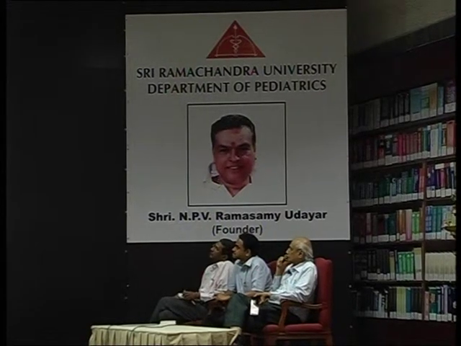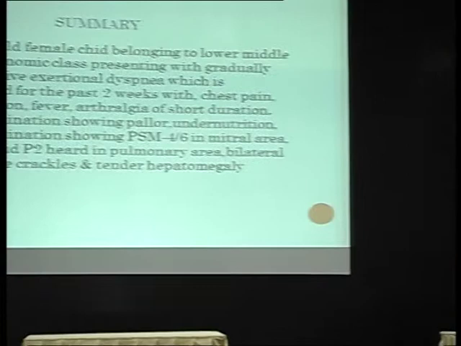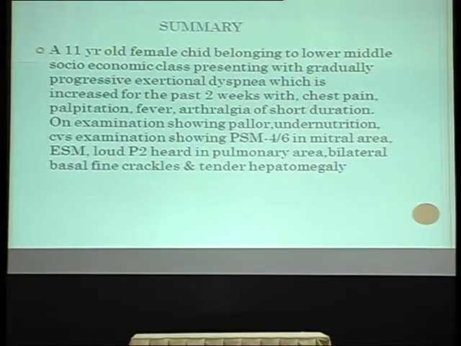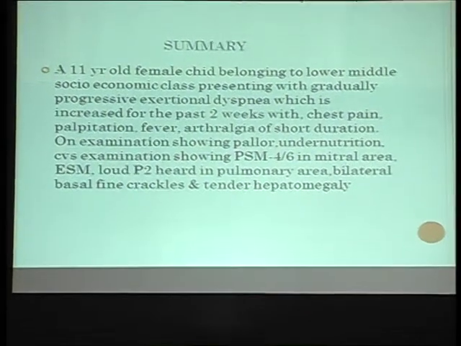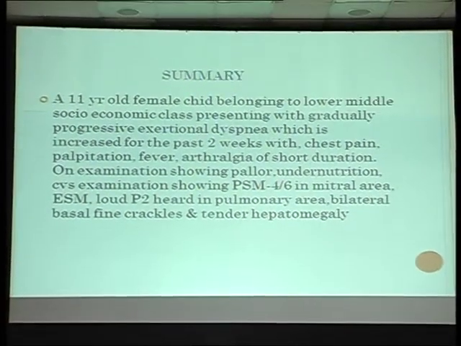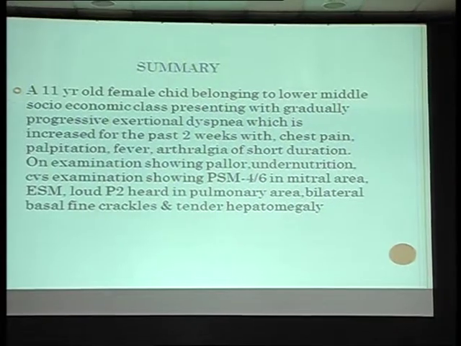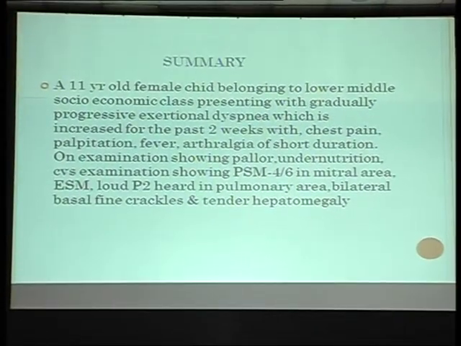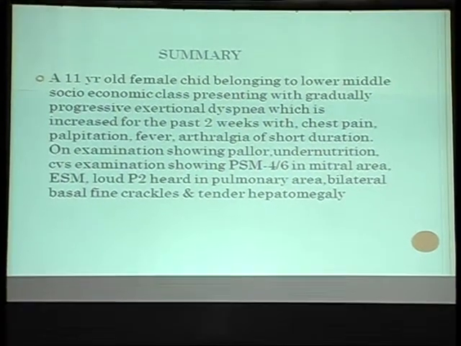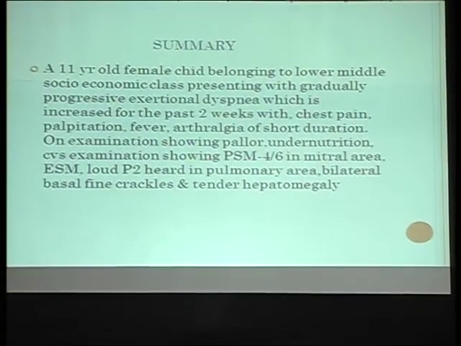To summarize the history, 11-year-old female child belonging to lower socioeconomic class, presenting with gradually progressive exertional dyspnea and chest pain, fever, arthralgia of short duration. Examination showing pallor, undernutrition, pansystolic murmur in the mitral area and an ejection systolic murmur, loud P2 in pulmonary area with bilateral basal fine crackles and tender hepatomegaly.